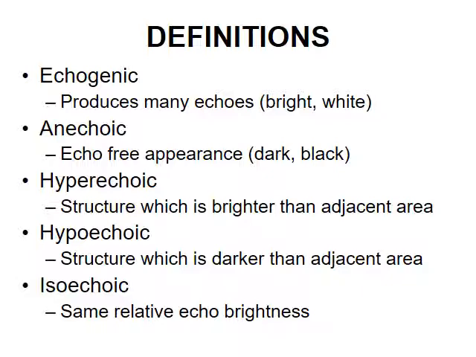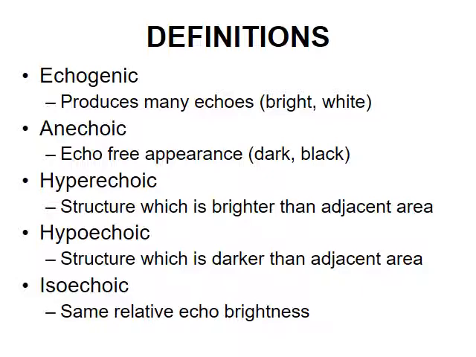Now, the next three terms are really describing one structure to another. So if I've got two structures side by side, then I might say structure A is hyperechoic to structure B. So what does that mean? It's brighter. It's giving back a stronger echo, it's brighter on our image.